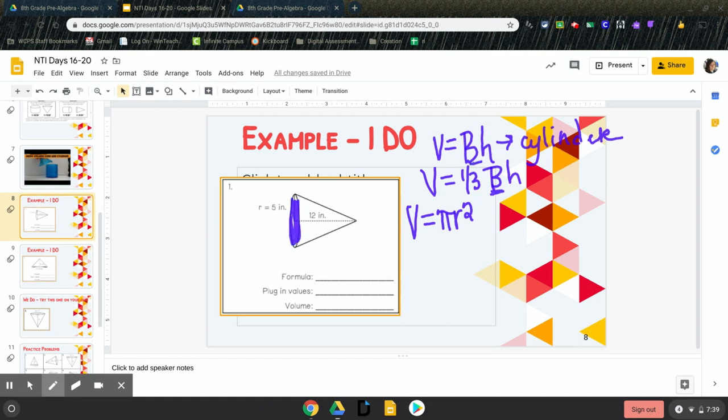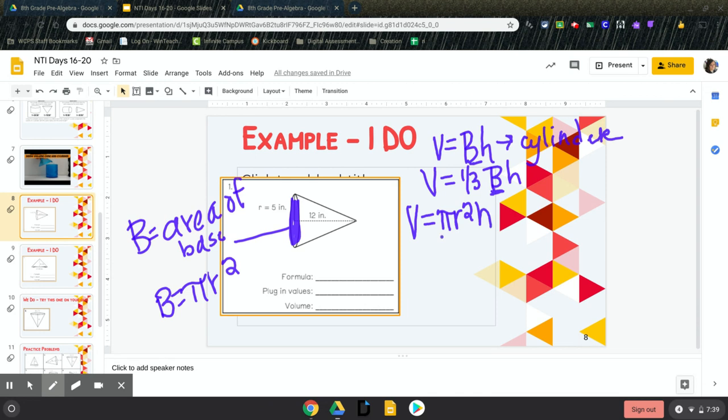That's what that big B stands for, the area of the base. So that big B is pi r squared times the height divided by 3.